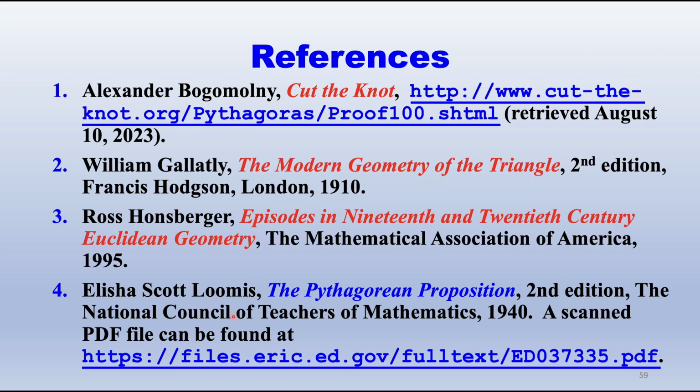Furthermore, we refer to Loomis' book several times. This is the book, and you may be able to find a PDF scanned version here. This is the end of our discussion, in which we offer you a new way to prove the Pythagorean theorem.